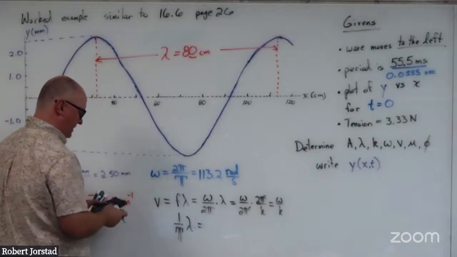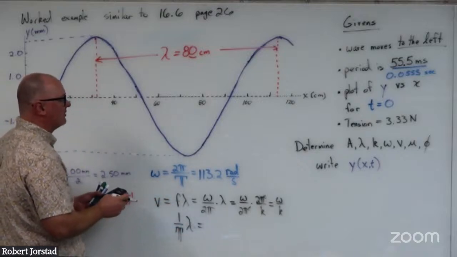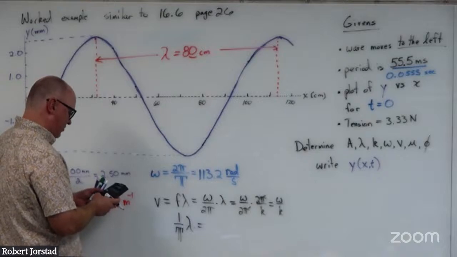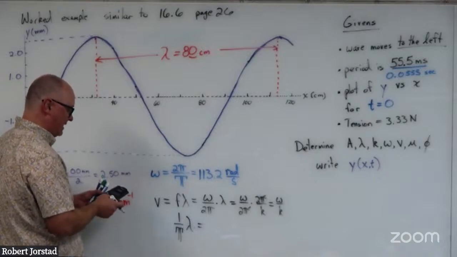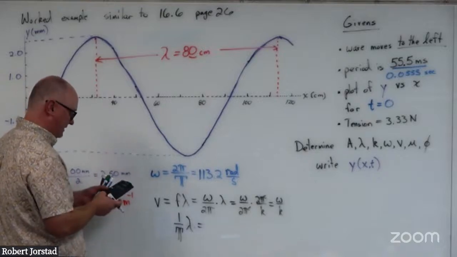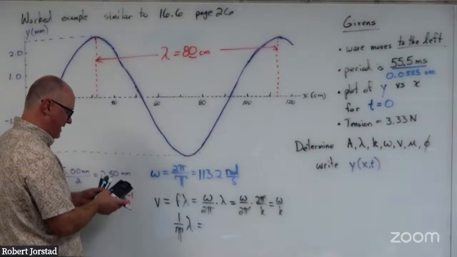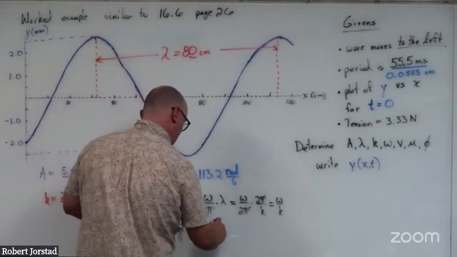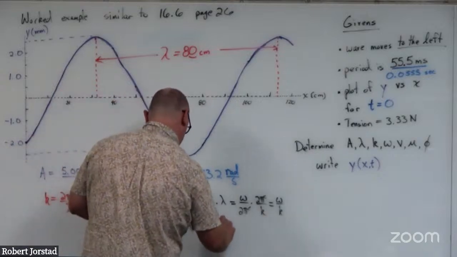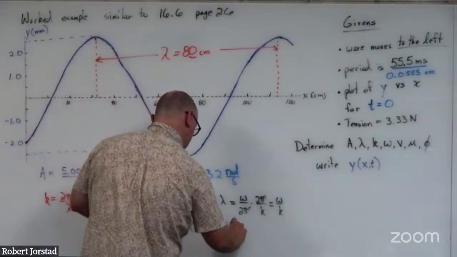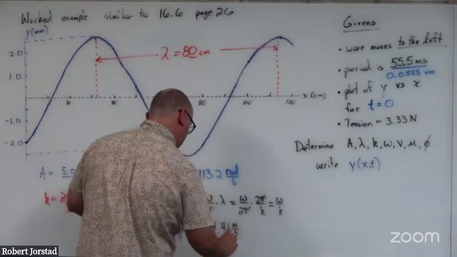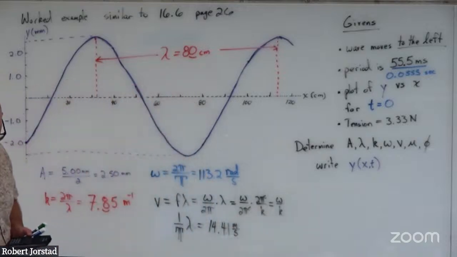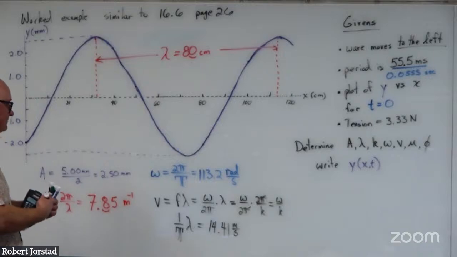Lambda over the period. So lambda was 0.8 meters, and then I'm going to divide that by the period, which is 55.5 e -3. And I get 14.41 meters per second. Let's see if that's what I got earlier. Yes, it is.